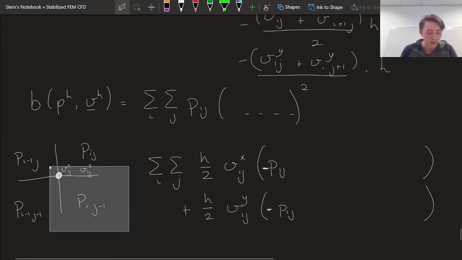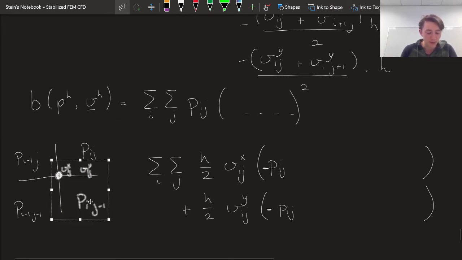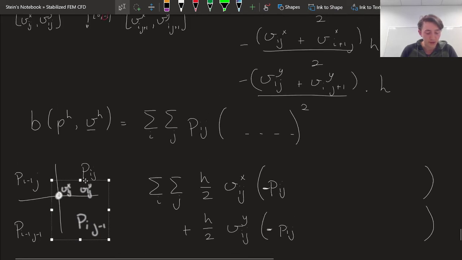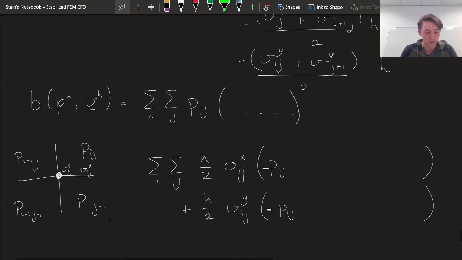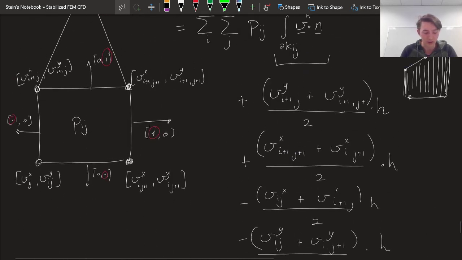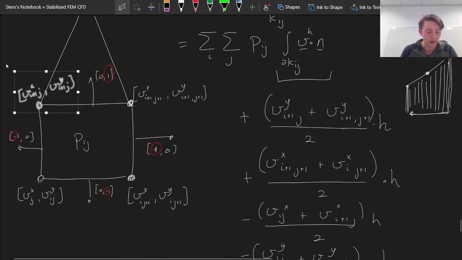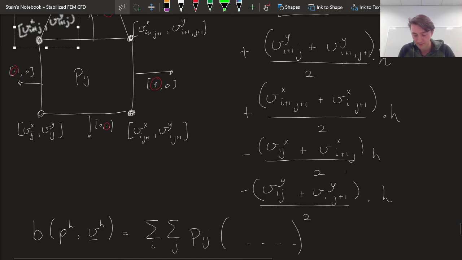Let's change focus. Let's look at the one from the bottom right. So then our velocities would effectively be the ones here at the top left corner. So do we get positive or negative contributions of this pressure in this summation? Well, what are the ones that are corresponding to Vi plus 1 j in x? Vi plus 1 j in x is right here.